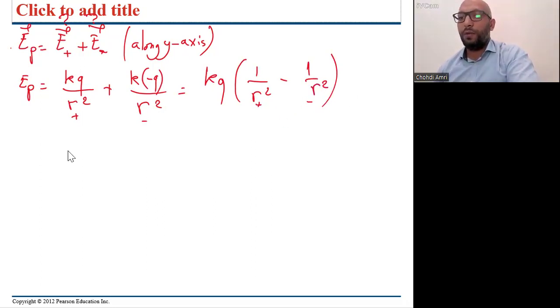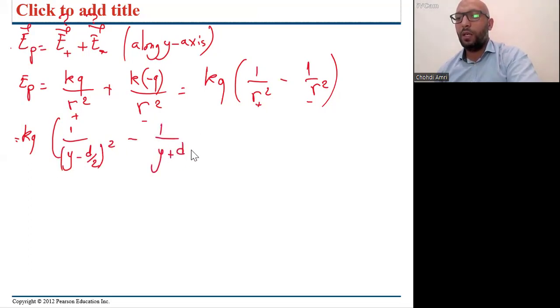Okay, good. Now the question, what is R plus and R minus? According to the figure, let's write the vector KQ factor of 1 over y minus d over 2 to the power 2, minus 1 over y plus d over 2 to the power 2.